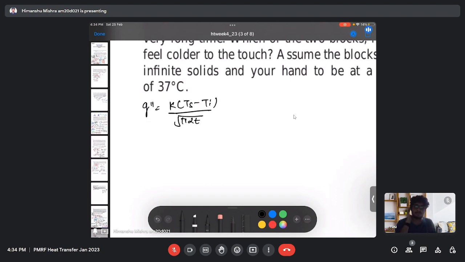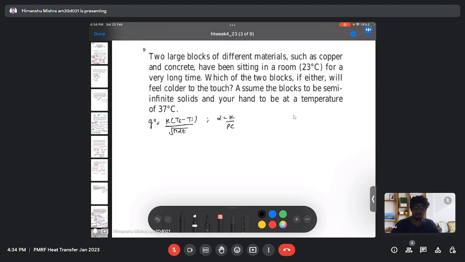This is the general expression for the heat transfer for the semi-infinite solid, where alpha is the thermal diffusivity, which is k by rho c. We need to tell which block will feel colder when we touch the two blocks. We have been given two blocks, copper and concrete.